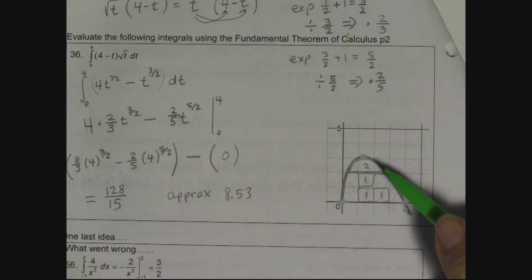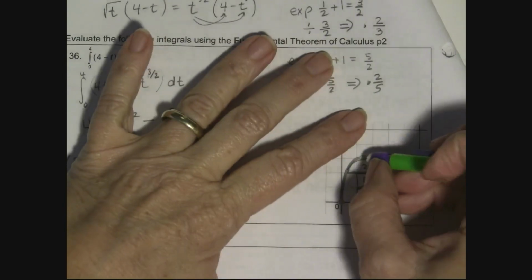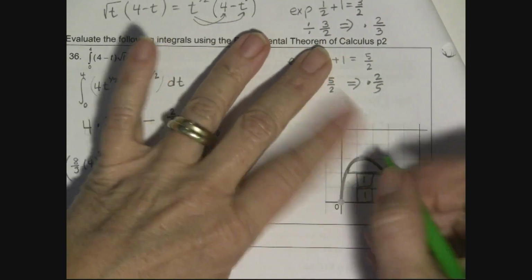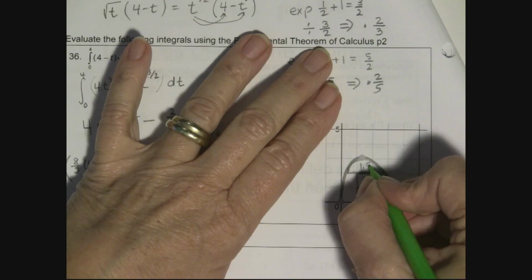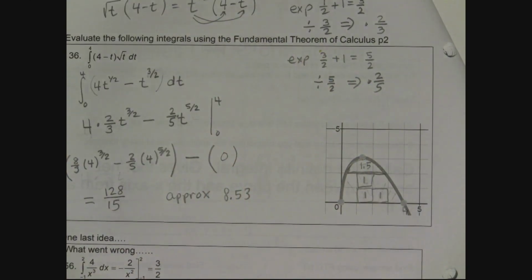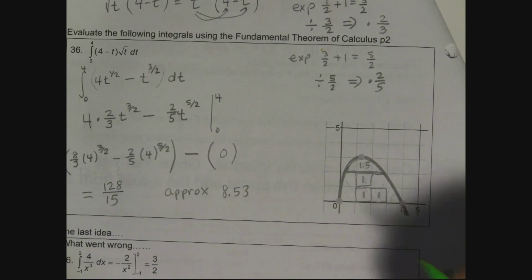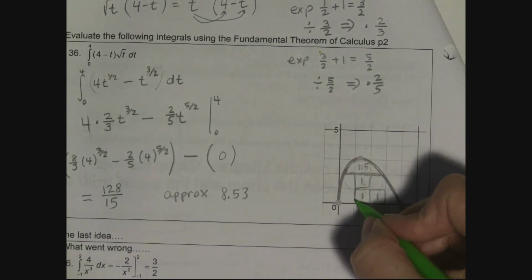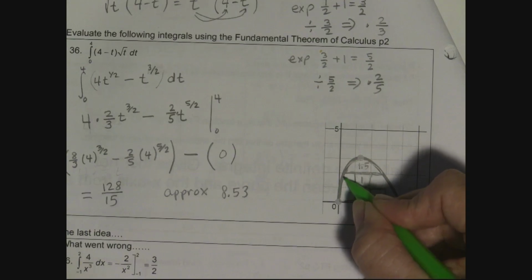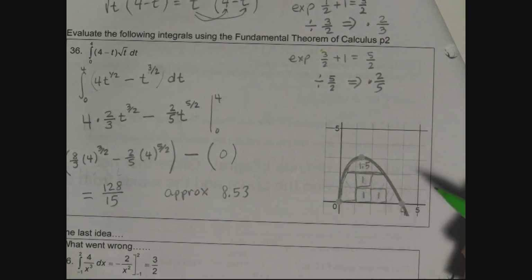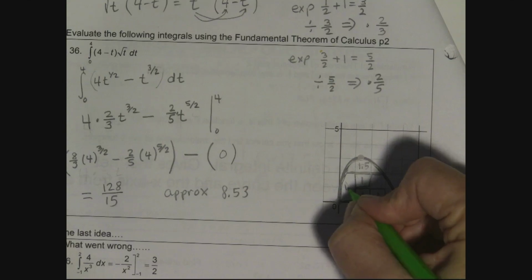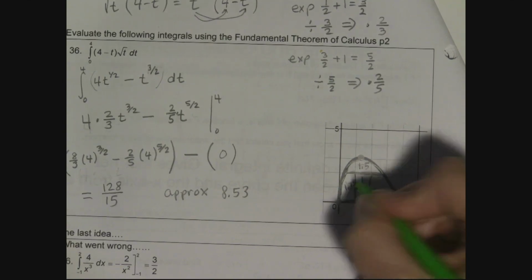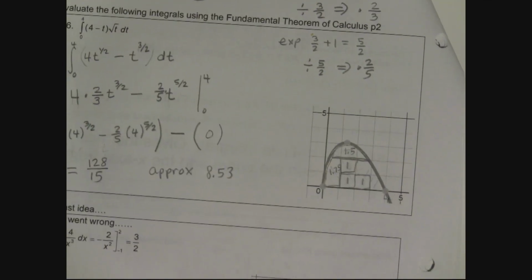When I put them all together, maybe 1.5 boxes actually, now that I'm thinking about it. So I think that's 1.5 boxes, those 3 boxes. Then I have this box and this box together right here that looks to me like 1.75 boxes.